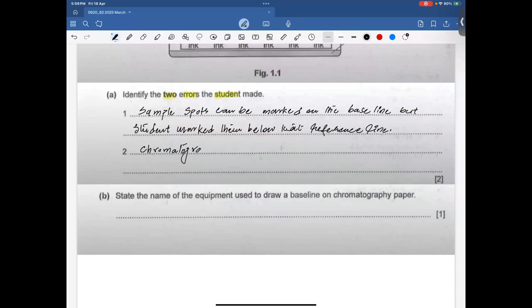The chromatography paper is not dipped properly in the solvent, that is water, and that is going to be your mobile phase.